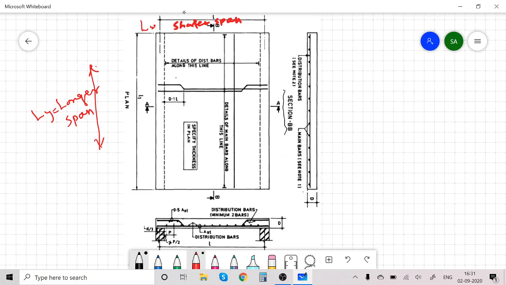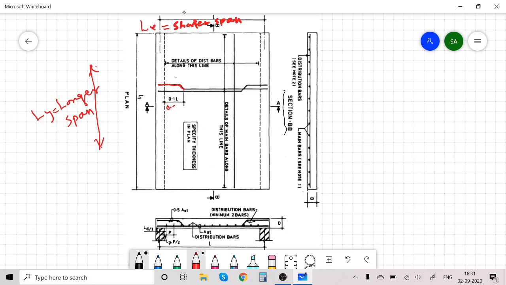This is Lx. First, you will lay this main steel bar, bend it at a distance 0.1 L. Here L is 2.8, so into 0.1.